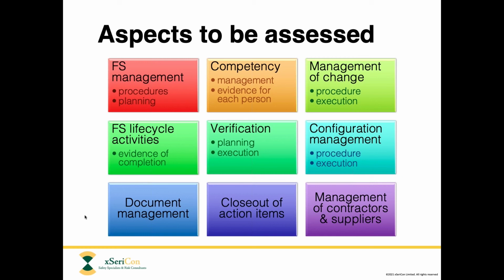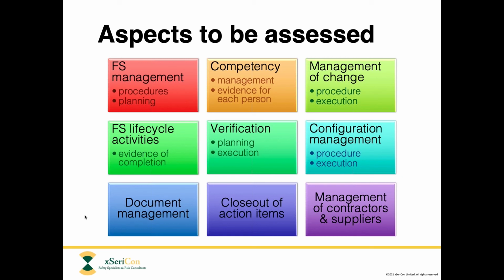Number 2 is the competency requirement that we've already mentioned. We need to see evidence that competency is being managed, that you actually are doing checks to confirm that each person with a functional safety responsibility knows what their task is, knows what they're doing, knows what the outputs are, and also knows what can go wrong. If they don't really know what they're doing and they do make a mistake, what is the worst case outcome?